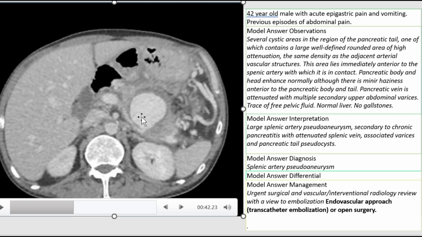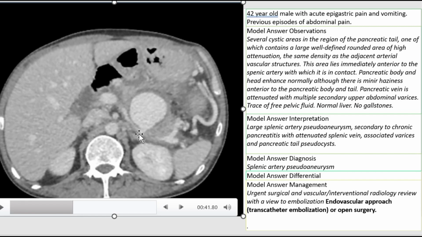This high attenuation lesion is seen anterior to this blood vessel, anterior to the splenic artery and also in contact with this splenic artery. So this high attenuation lesion is seen anteriorly and in contact with the splenic artery.